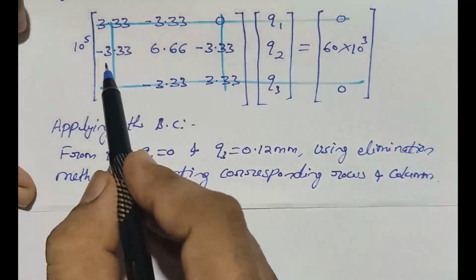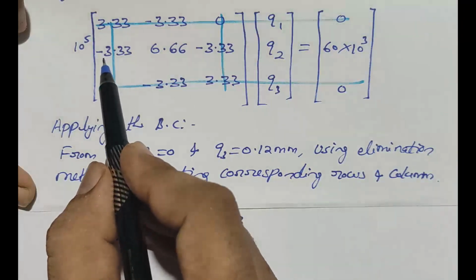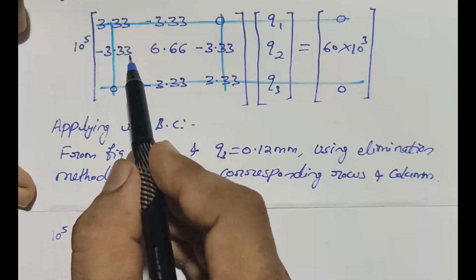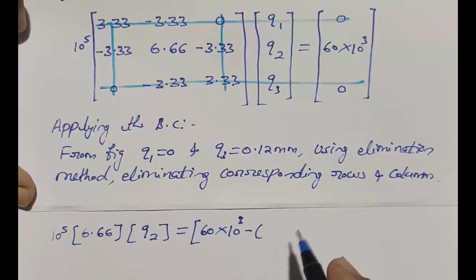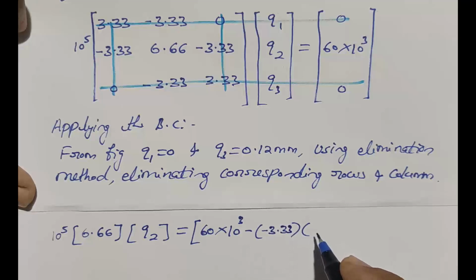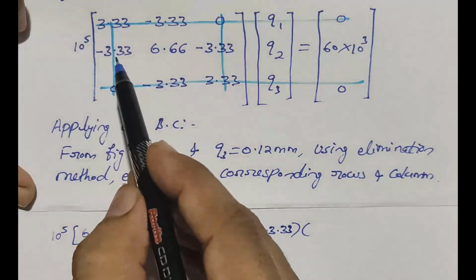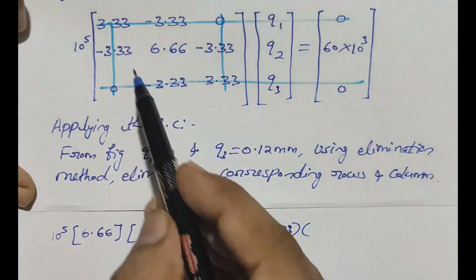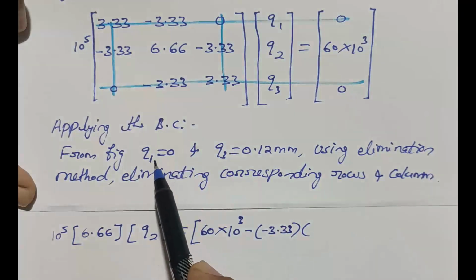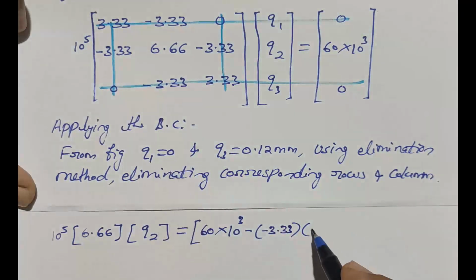Since we have eliminated minus 3.33 in the first column, the force vector becomes minus 3.33 into the known corresponding displacement, Q1 is equal to 0, so it becomes 0.